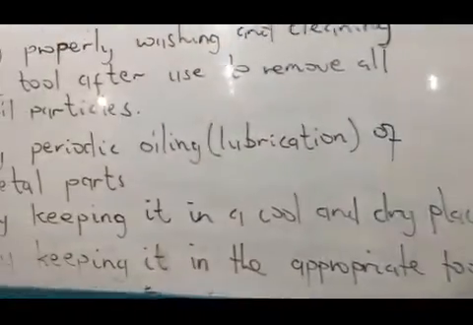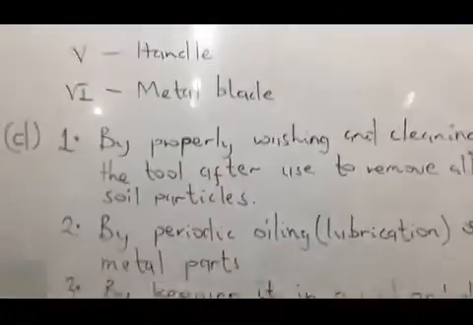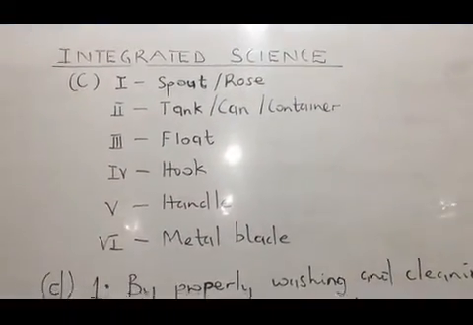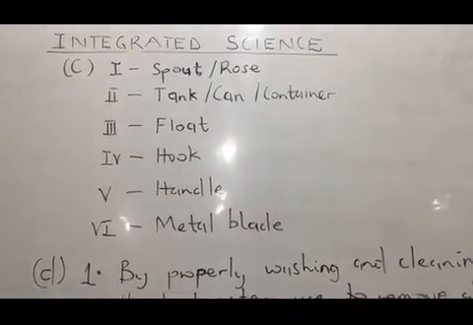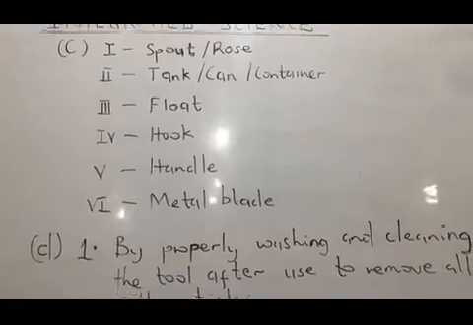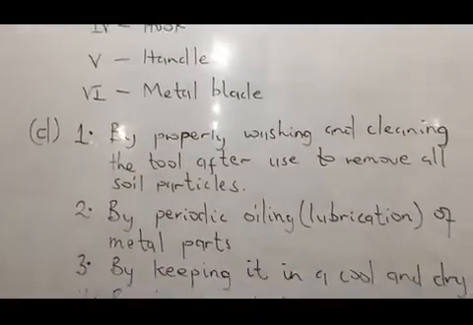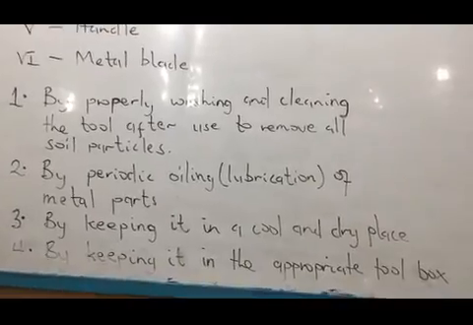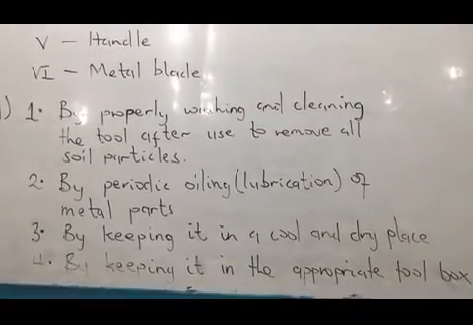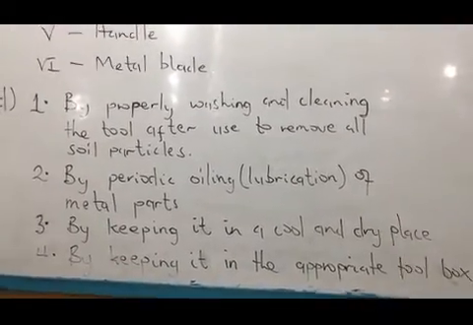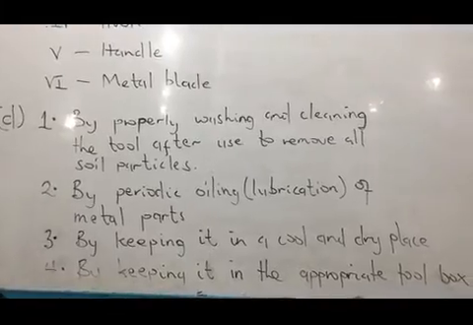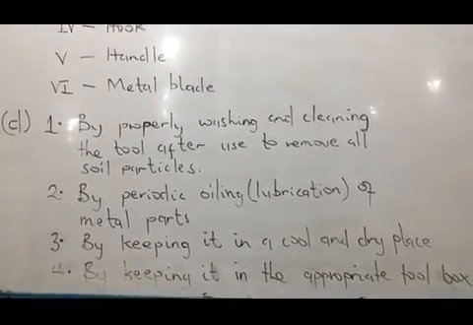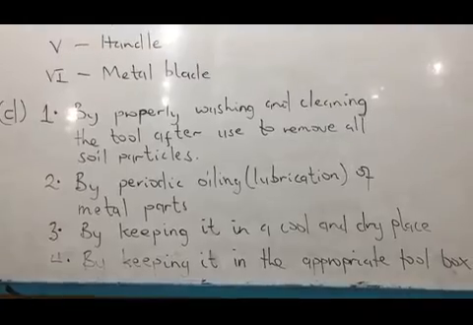So these are some ways of maintaining 2D. You can also add that by using it for the right purpose. So you don't use it for what it is not supposed to be used for. So by washing and cleaning it after use, or by oiling it, the metallic parts especially, and then you keep it in a cool and dry place.